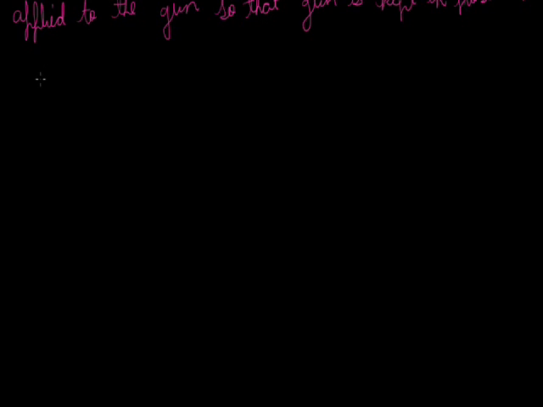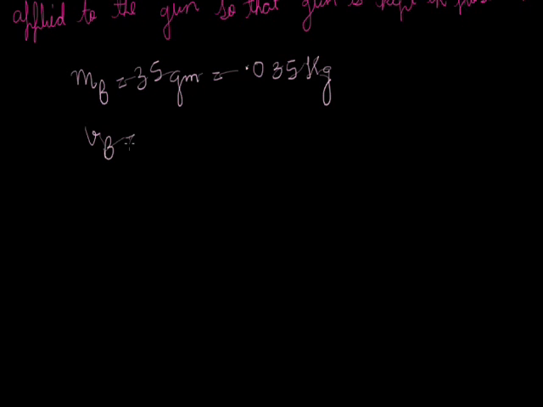So, for that, first we will discuss the mass of bullet. Let it be mb, which is given to you as 35 gram, which is equal to 0.035 kg, and you are given that velocity of bullet is 400 meter per second.